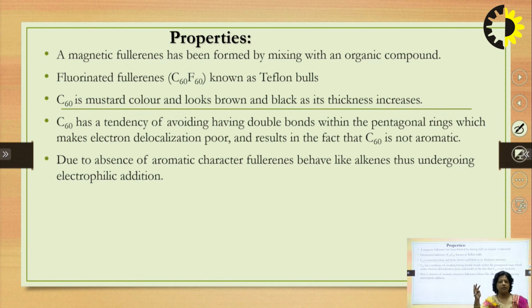When that double bond is opened and fluorinated, it is referred to as fluorinated fullerene, or Teflon ball. Now, C60 is mustard yellow and looks brown and black as its thickness increases. If the thickness increases, the color slightly changes.